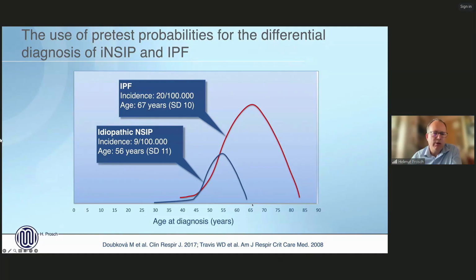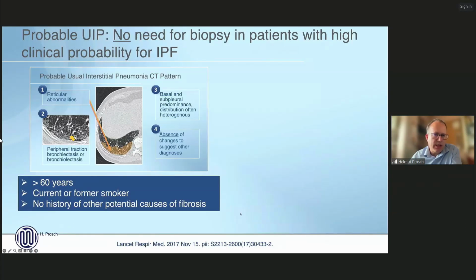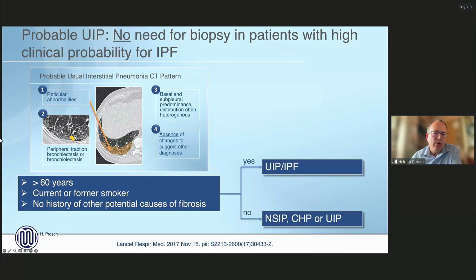Another factor which we take into account is smoking history. IPF is a smoking-related disease, so that's also important. For that reason, the Fleischner Society, an international multidisciplinary society focused on thoracic radiology, stated in their guidance: if a patient is older than 60, a current or former smoker, and has no history of other potential causes of fibrosis, meaning you excluded hypersensitivity pneumonia and a connective tissue disease as good as it gets, you can diagnose an IPF without a biopsy.